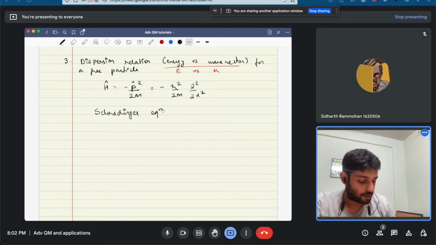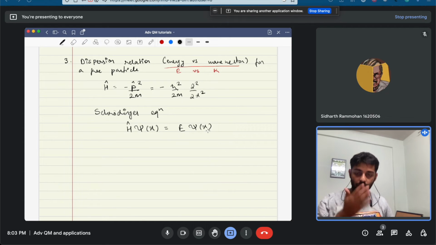So we know in the Schrodinger equation we have a Hamiltonian acting on a wave function gives us the energy of the wave function. So Hamiltonian operating on psi of x gives us the energy times psi of x. This is what we know from the Schrodinger equation.